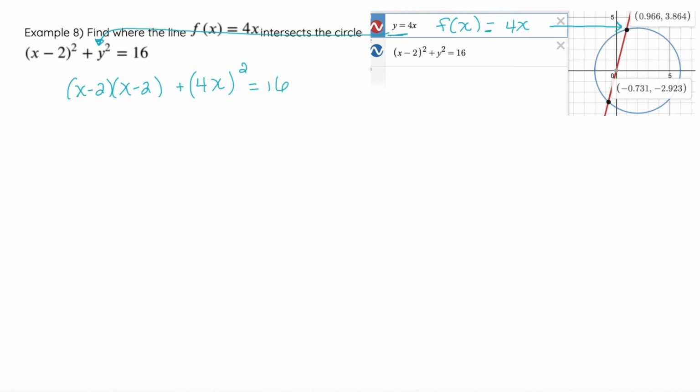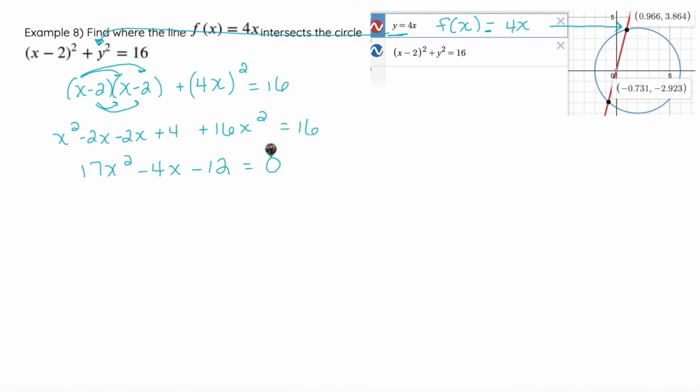If I distribute my x minus 2, we have x squared minus 2x plus 4 plus 16x squared equals 16. Let's combine like terms. I have 17x squared minus 4x minus 12. Set it equal to 0 by subtracting 16 from both sides.